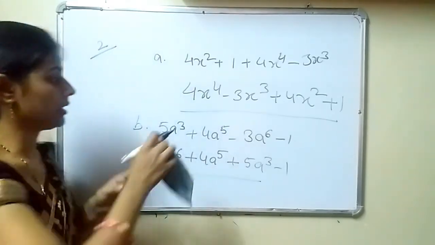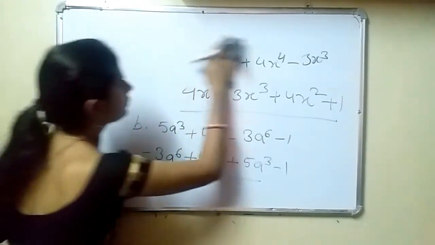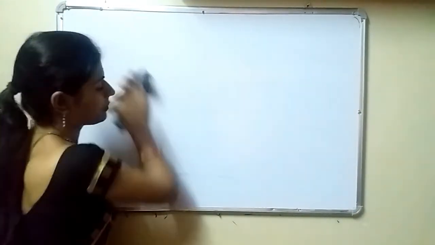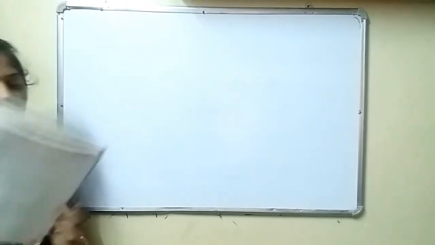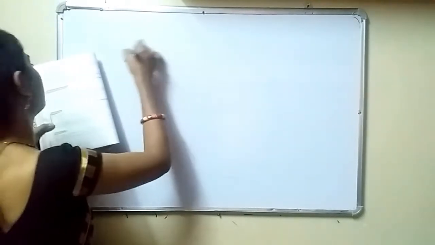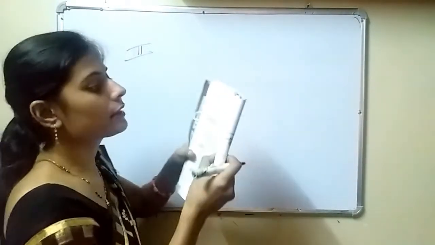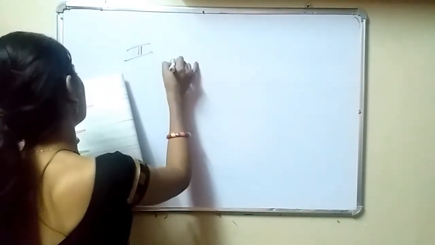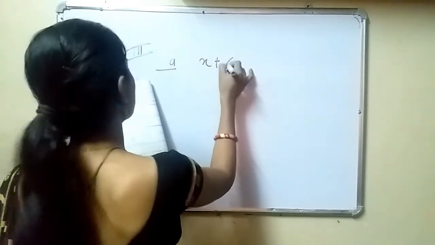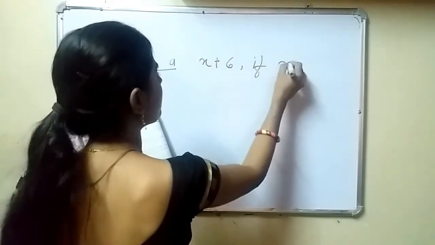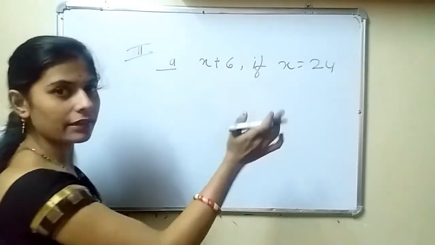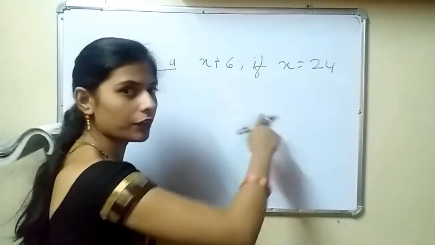Now see question number 3. Find the value of the expression by substituting the given value of the unknown. If it is given x plus 6, if x is equal to 24, the value of x is given as 24.